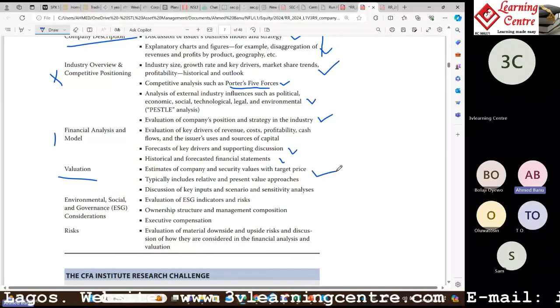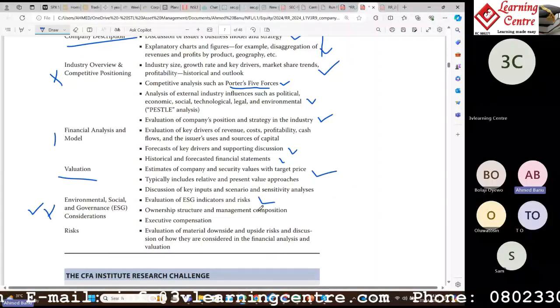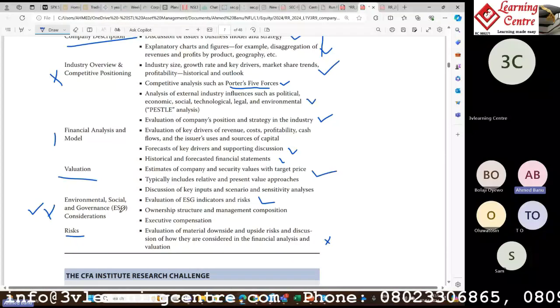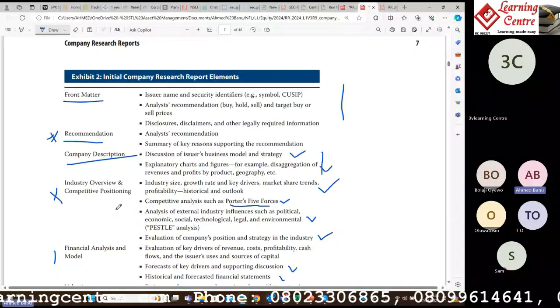What valuation methodology are you using? It typically includes relative and present value approaches. Then ESG has become a very key aspect in valuation. What is the evaluation of the ESG indicators and risks? Then what are the risks that investors should consider when looking at this company?